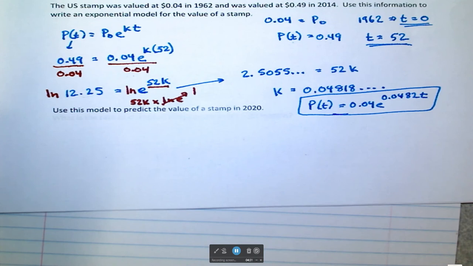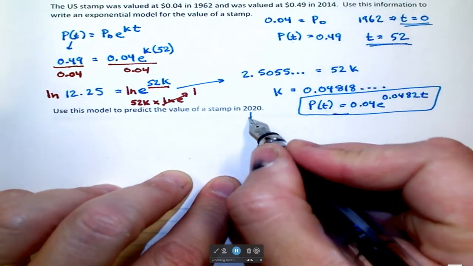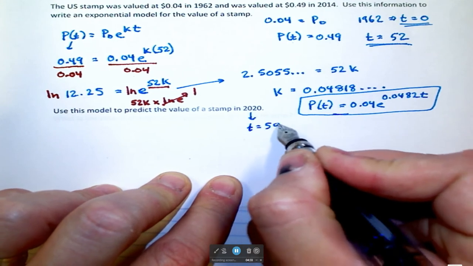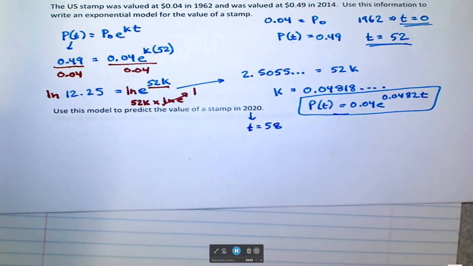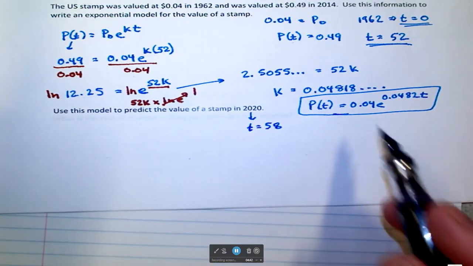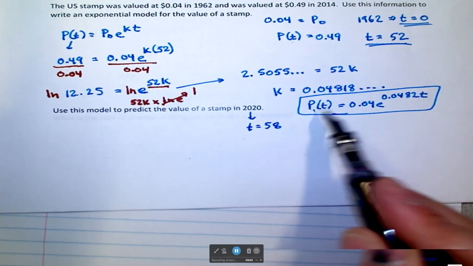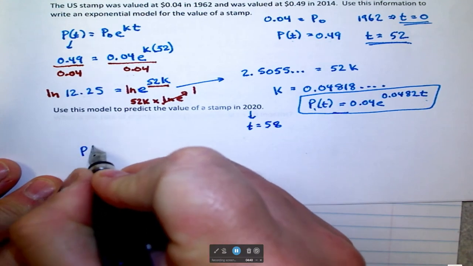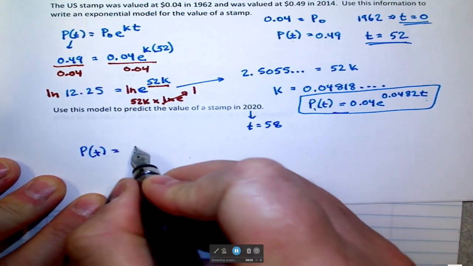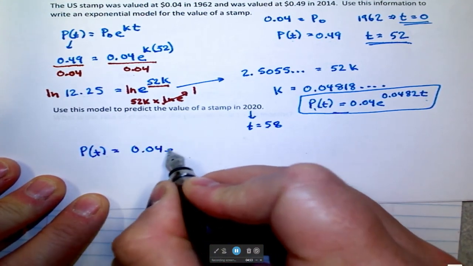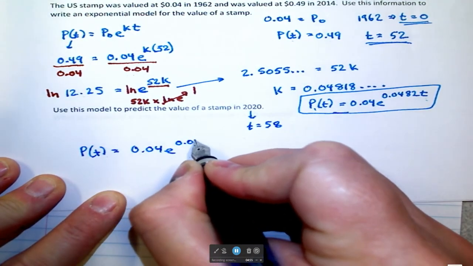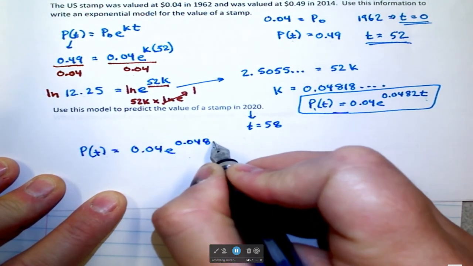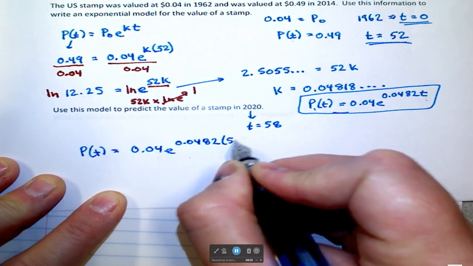So 2020 minus 1962, this is T equals 58. That's what they're asking. What's the value of a stamp when T equals 58? So I take my model and I say P of T equals 0.04 e to the 0.0482 times 58.